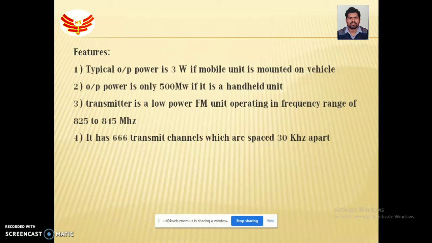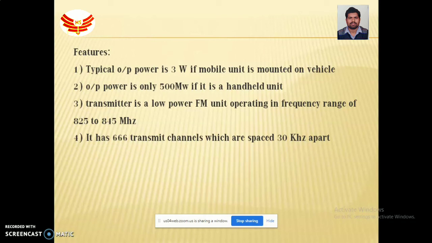So the highlighted points are that the transmitting channel is a low power signal, and each slot is 20 megahertz wide for the receiver signal. Full duplex operation is possible by separating the transmitting and receiving signals into separate frequency bands.